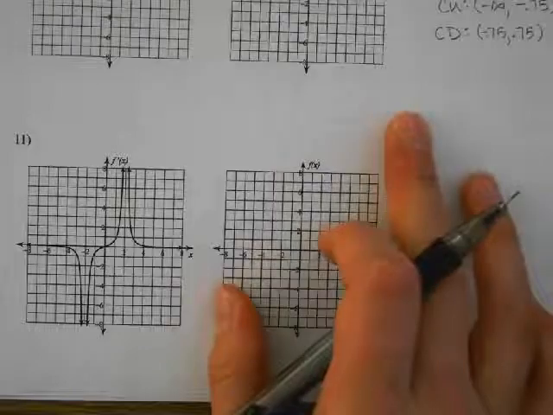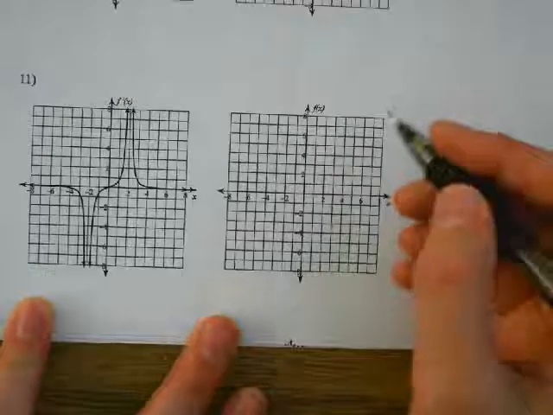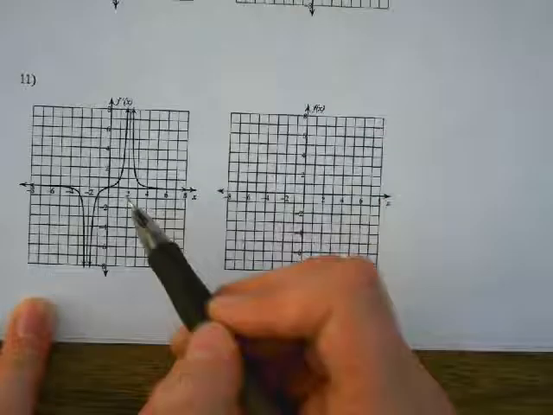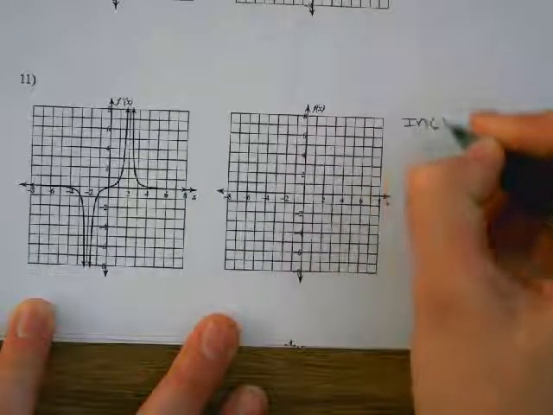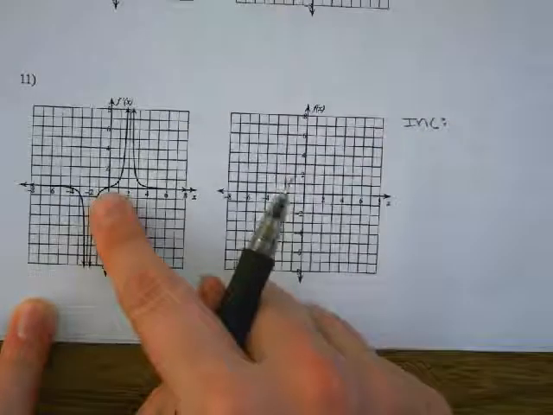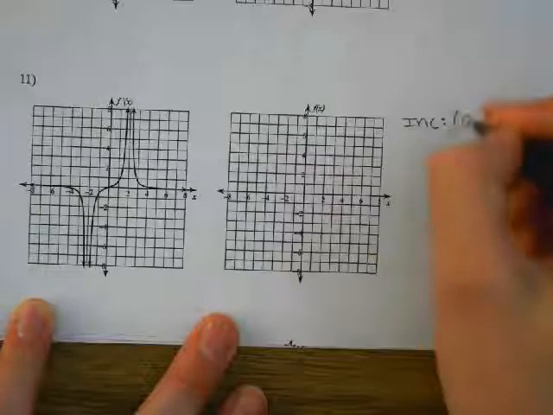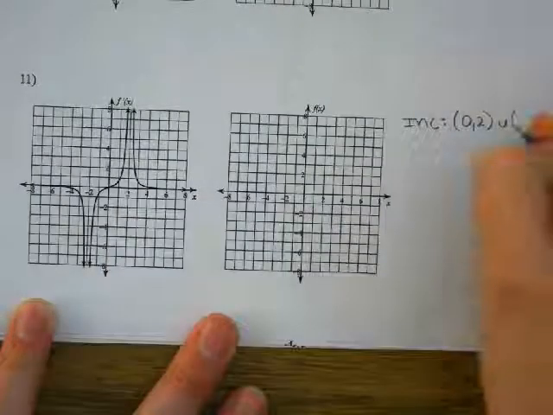All right, let's look at this one. All right. So our graph, are we ready? Our graph is above the x-axis, so it is increasing. It is above the x-axis for what values? So 0 to 2 and 2 to infinity.